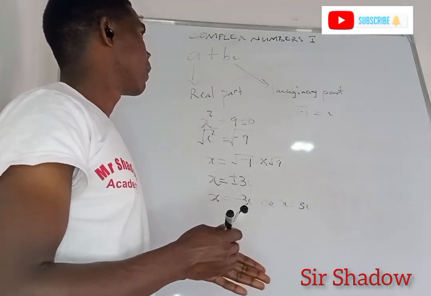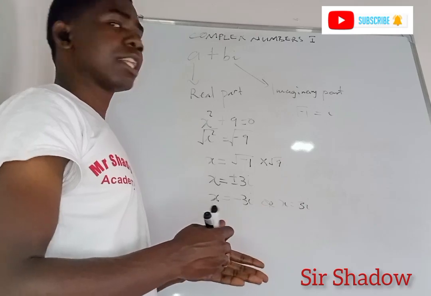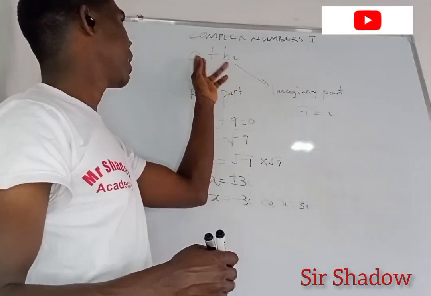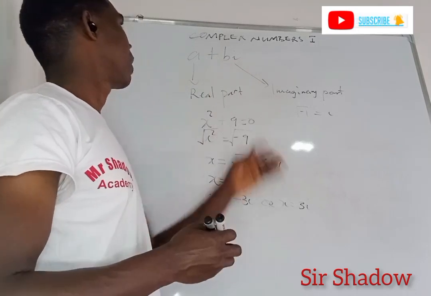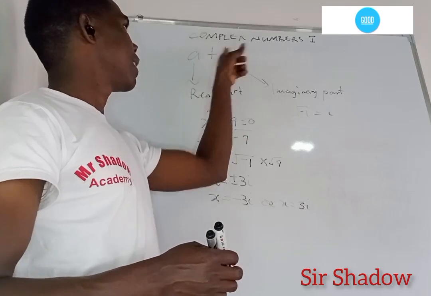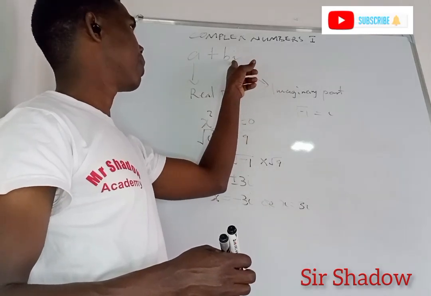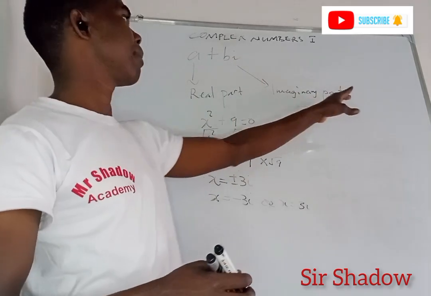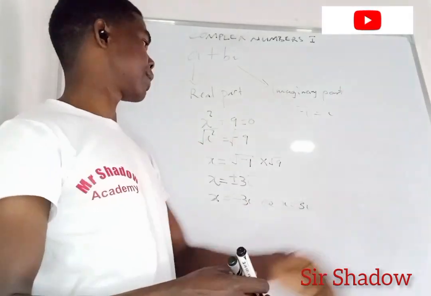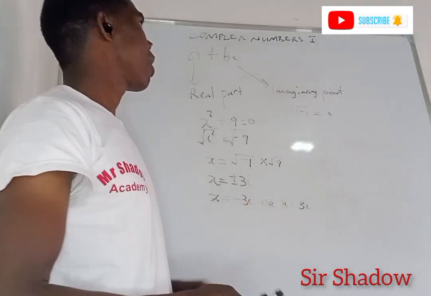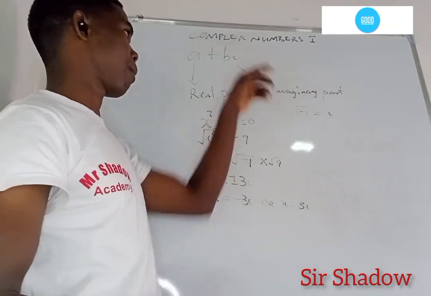After watching this video, you have to know the two main parts under complex numbers. A plus bi, whereby a is the real part and this part bi is the imaginary part. And this working shows where this i is derived from.